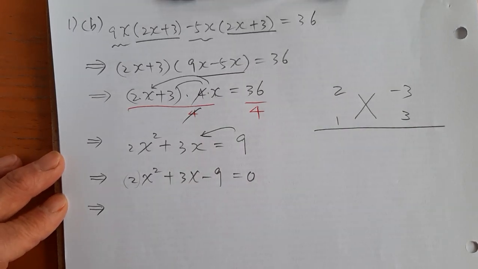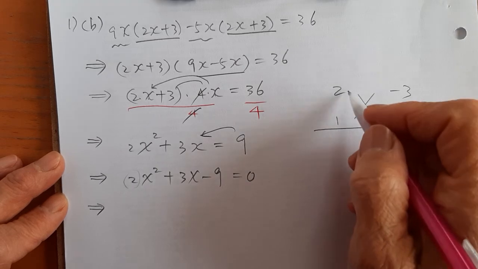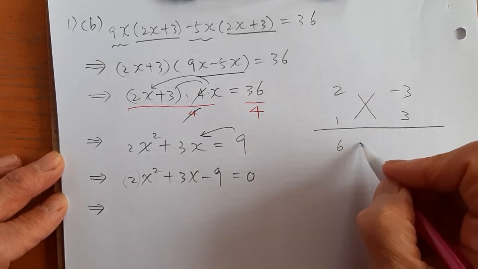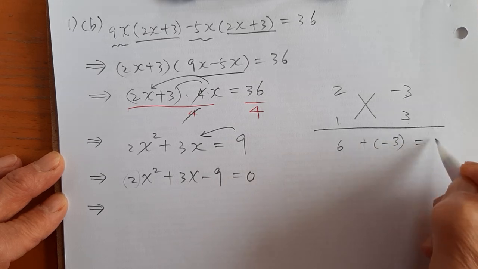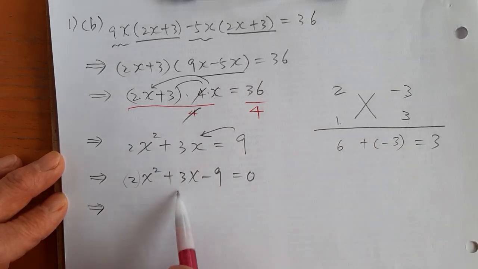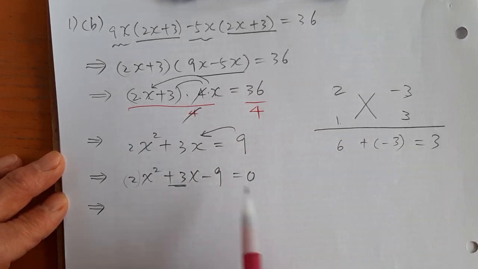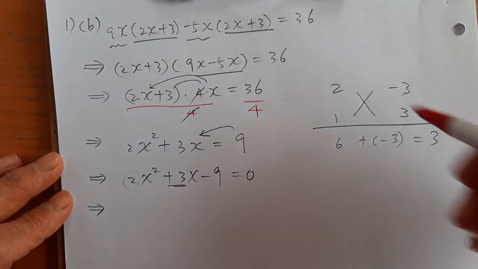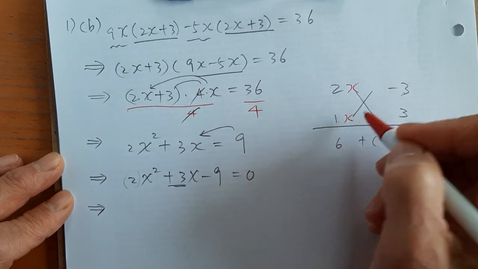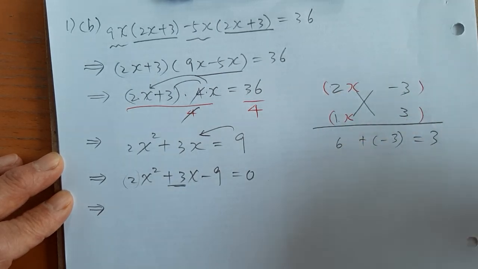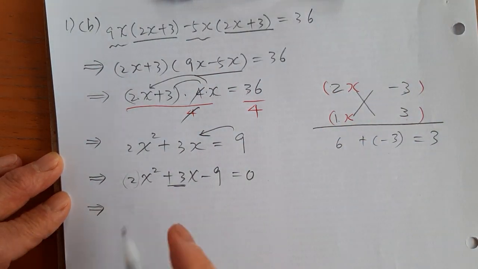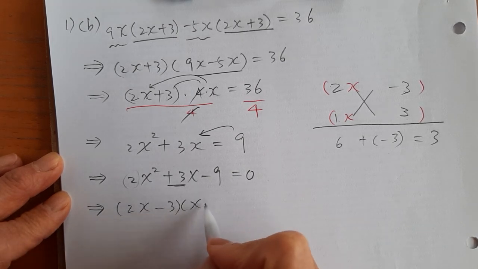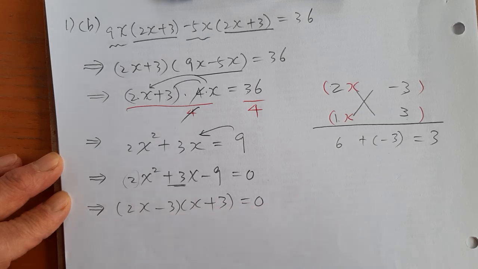If you put it this way, cross multiply: 2 times 3 is 6, 1 times negative 3 is negative 3. Add together, it's positive 3. So the x term coefficient is positive 3, so this way is right. Then you attach x and put the parentheses. So the factors are (2x minus 3)(x plus 3) equals 0.